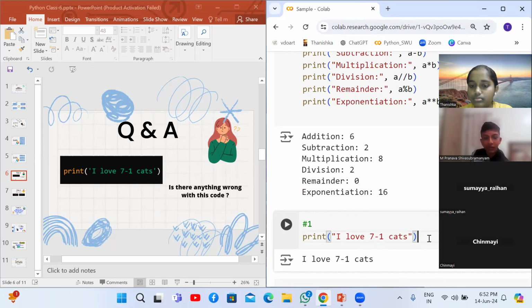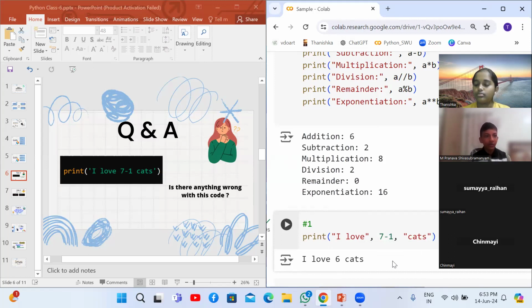You can correct it by adding double quotes after I love and giving a comma, then adding a comma after 7 - 1 and adding double quotes for cats. So if you print now, I love becomes one string and 7 - 1 is considered an integer.